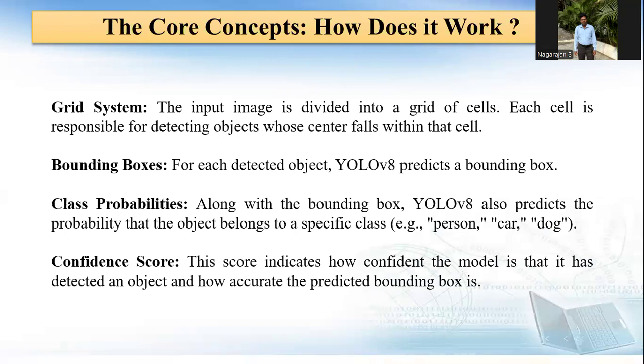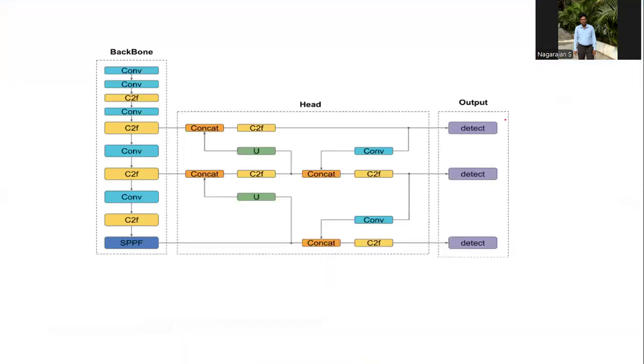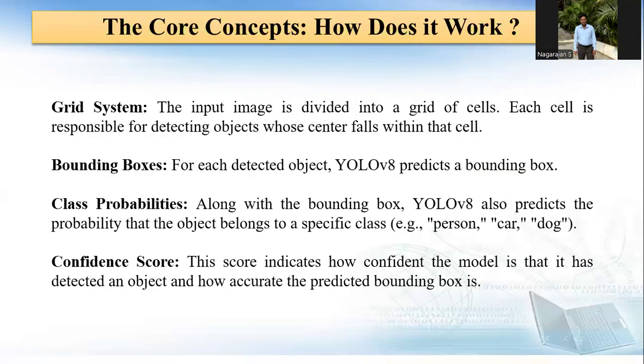And the core concept. When it comes to the core concept, there will be an image given and there will be components like the grid system, followed by bounding boxes, class probabilities, and confidence score. First, the grid system, because the input image is always separated into a grid of cells.